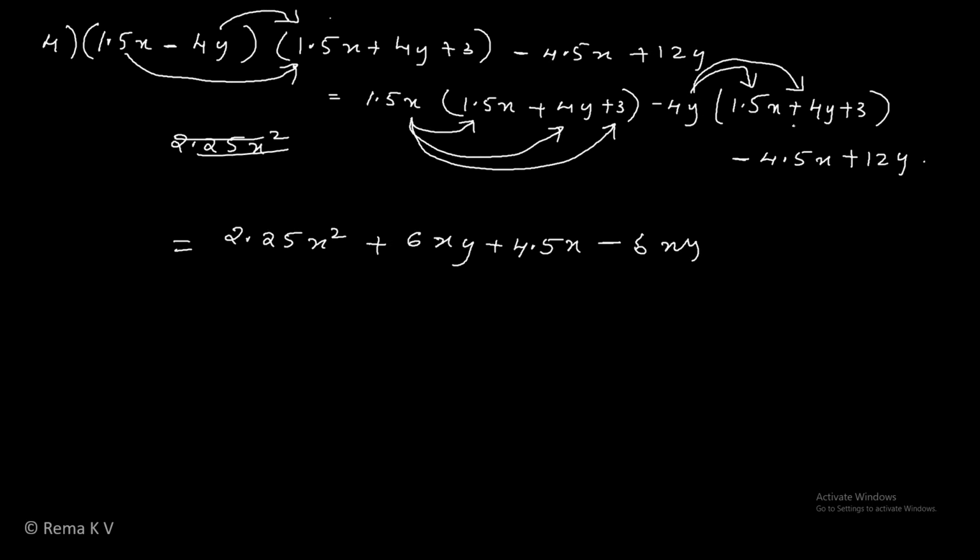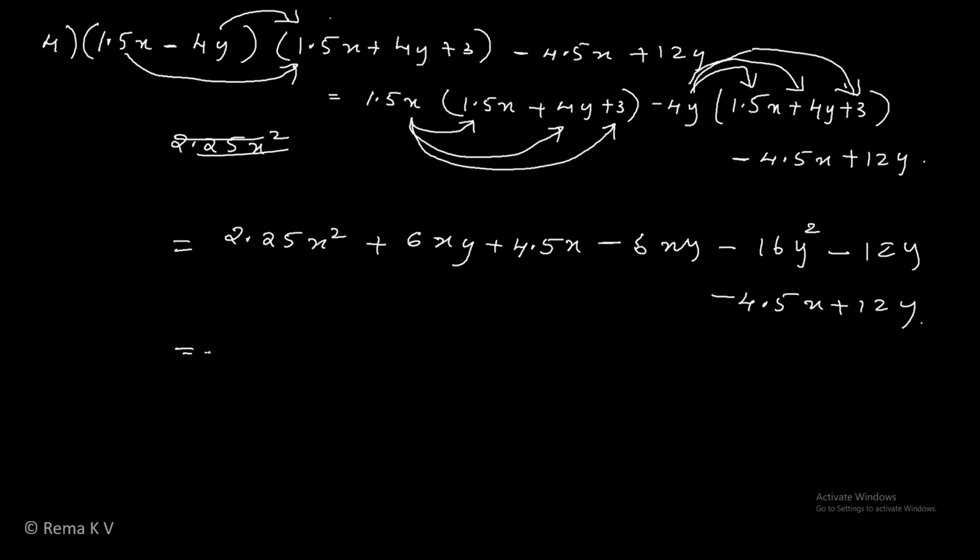Then these two gives minus 16y². Then multiplying these two, it is minus 12y. Then these two terms are here, minus 4.5x plus 12y.